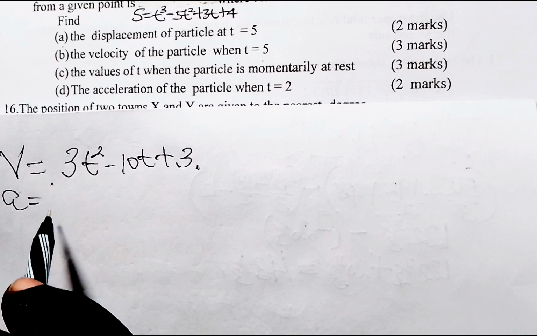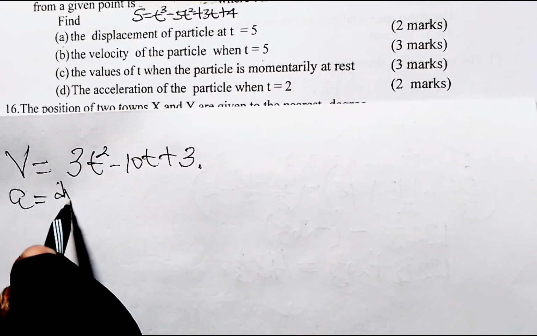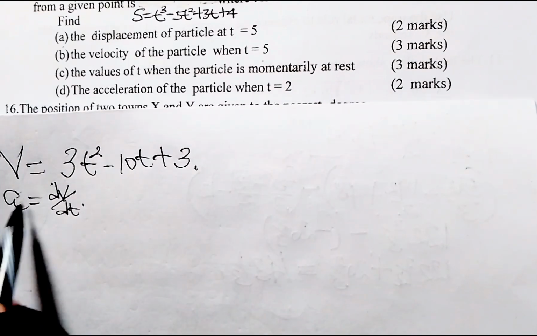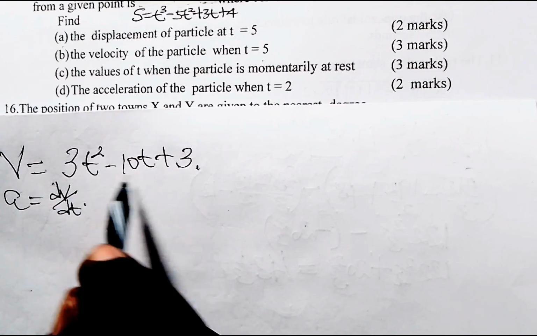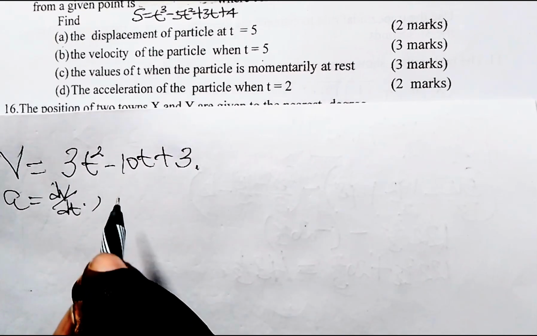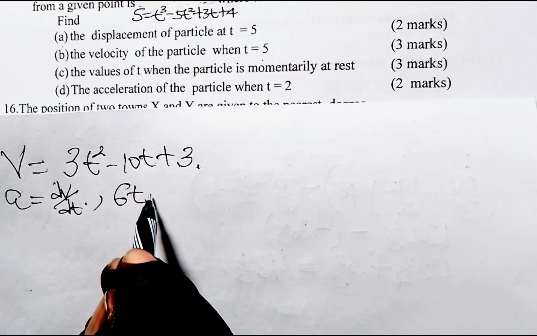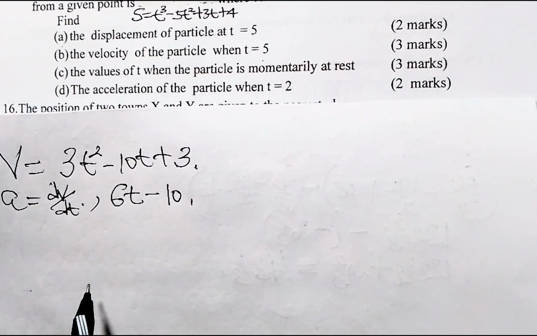That is differentiating velocity with respect to time. So when we differentiate this with respect to t, we get our acceleration function as 6t minus 10.